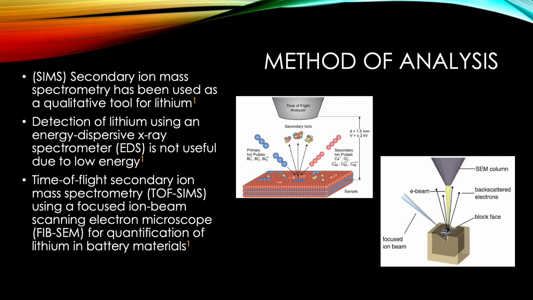So a study was done where time-of-flight secondary ion mass spectrometry using a focused ion beam scanning electron microscope was used, and they said that was best for quantification of lithium in battery materials.